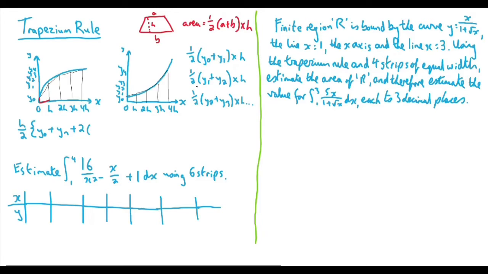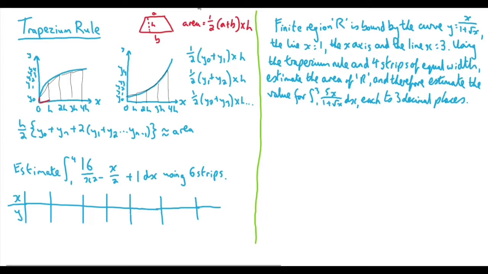So y1 appears twice, y2 appears twice, y3 would, and so forth. So it's y1 add y2, all the way up to yn minus 1, whatever that ended up being. Once you have this, you just plug the values into a calculator all in one go, and this will get you an approximation for the area.